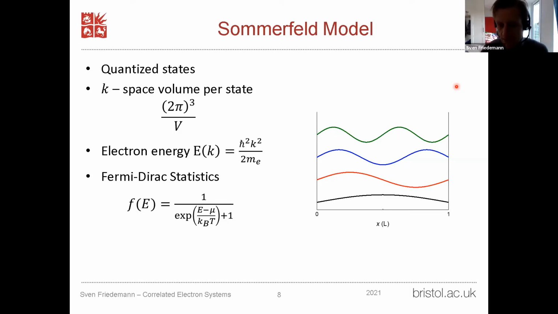So we consider our material to be a box of length L, and the standing waves that we can fit in there have to have vanishing amplitude at the boundaries. So that's our boundary conditions, and hence we can now fit in standing waves with either 0, 1, 2, 3, and so on nodes, and that gives us essentially different momentum for each of those standing waves.